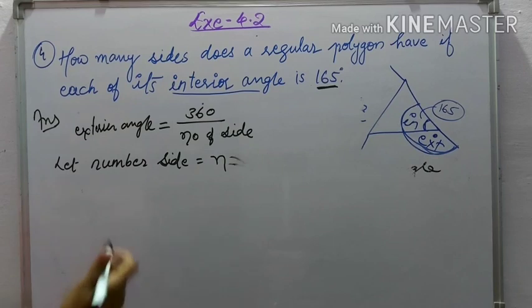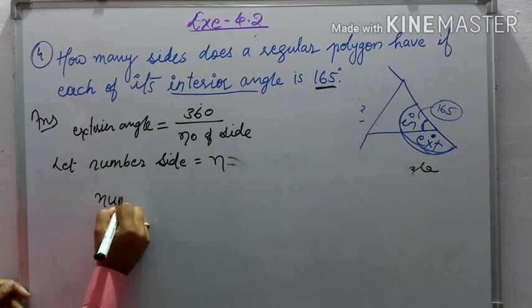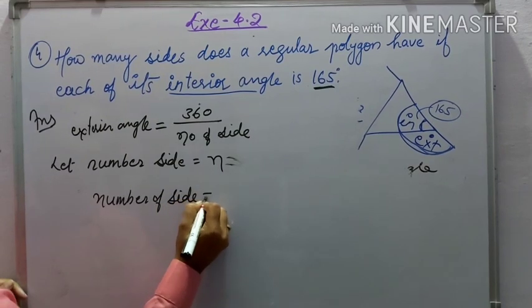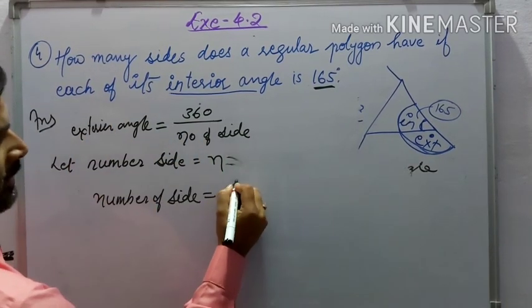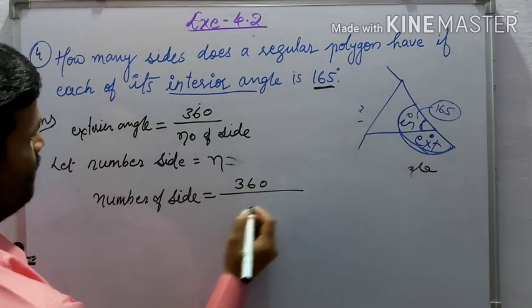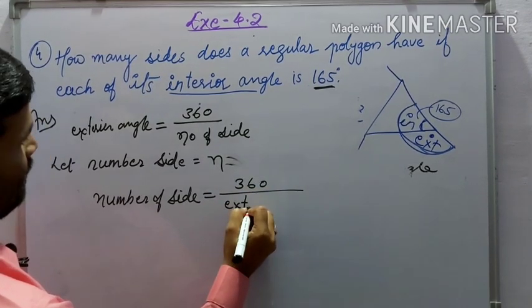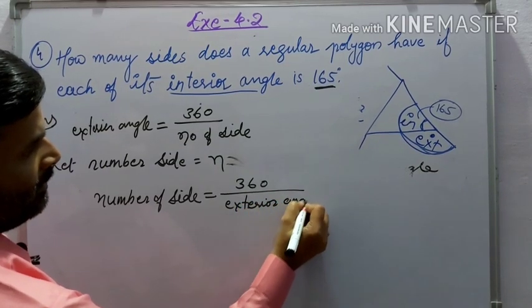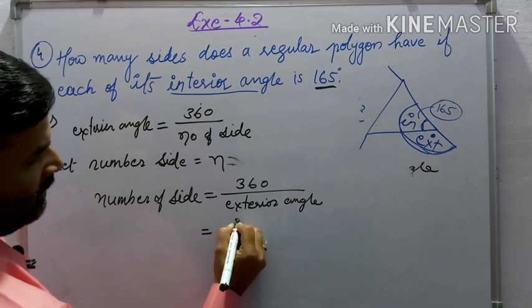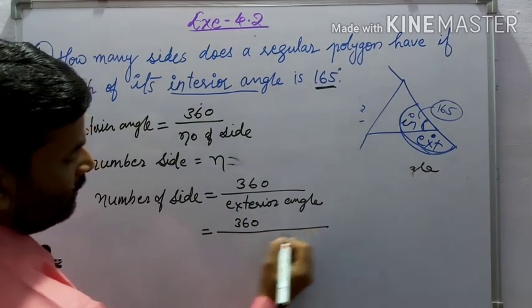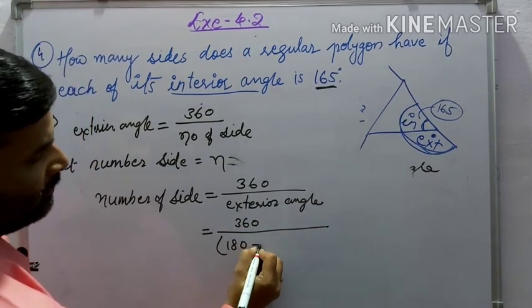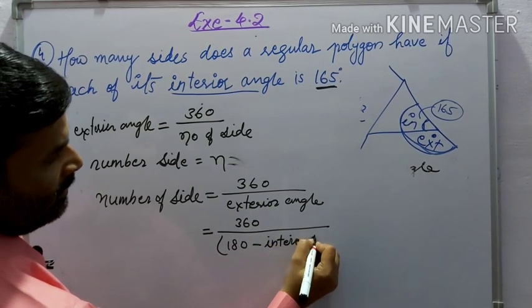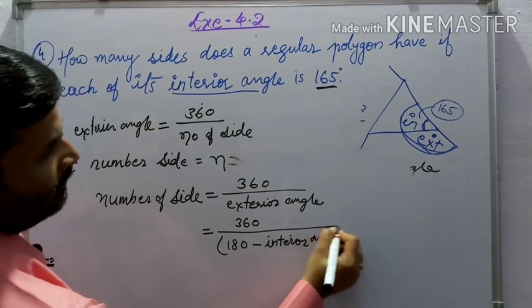So write that the number of sides is equal to 360 upon the exterior angle, that is 360 upon 180 minus interior angle.